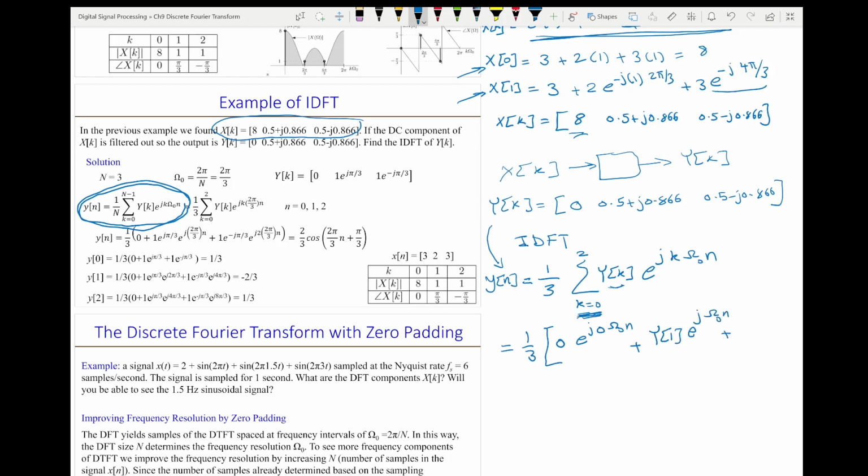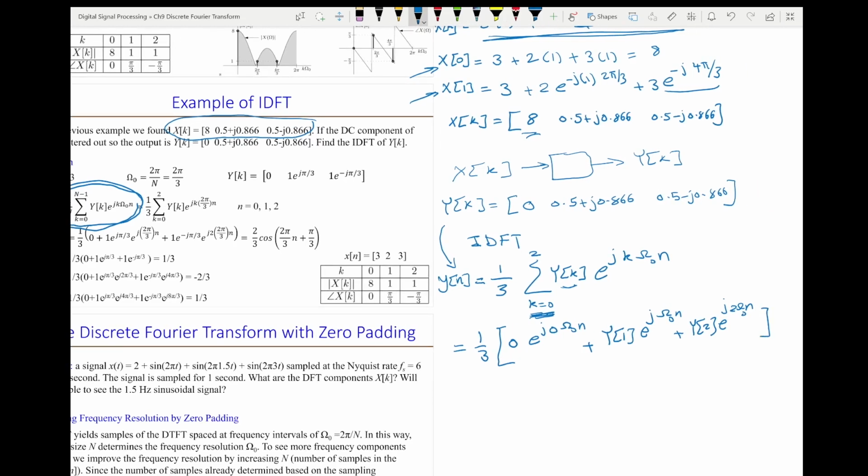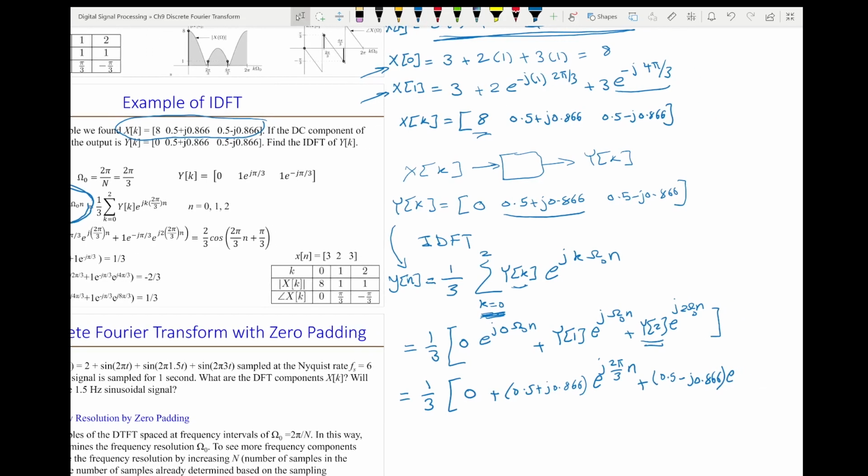When k is 2, that will be y2. Y1 is this one here. Omega 0 is 2 pi over 3. And remember, there are only 3 samples, so n will be 0, 1, 2. Again, this is just n minus 1, the number of samples.